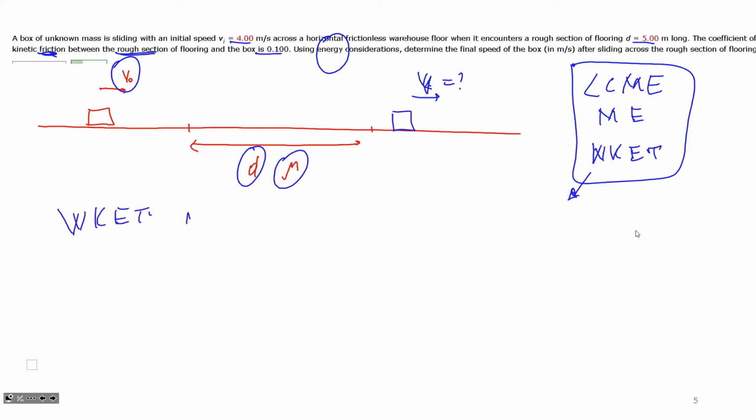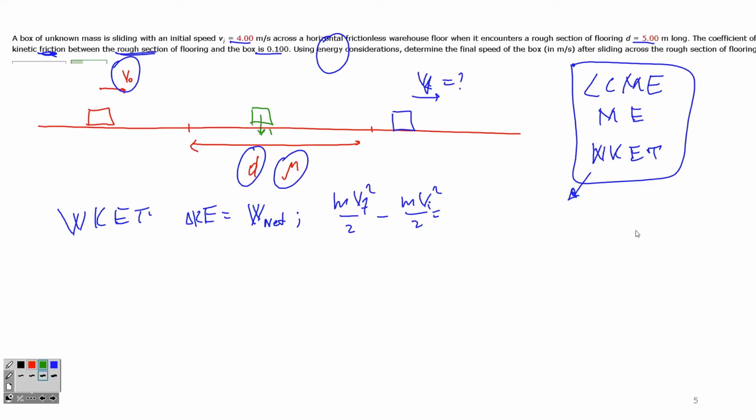So what does it say? It says change in the kinetic energy is equal to the net work done on the object. So m v final squared over 2 minus m v initial squared over 2. Work. Well, for work, we need to take a look at the object when it is actually traveling through.